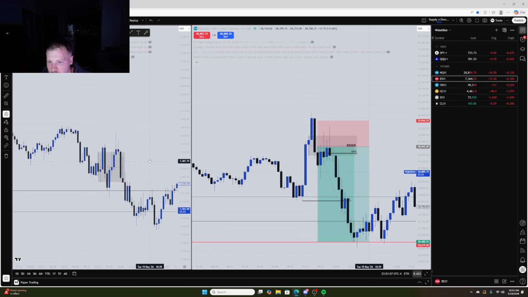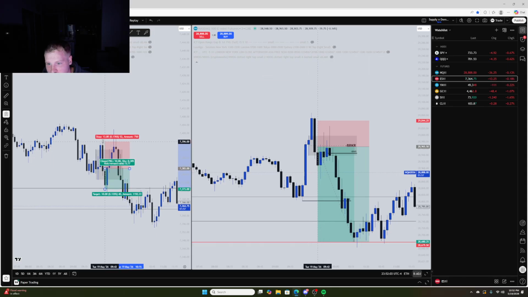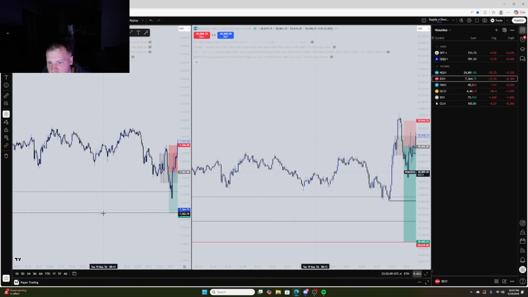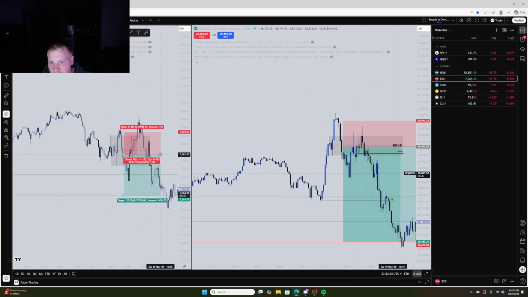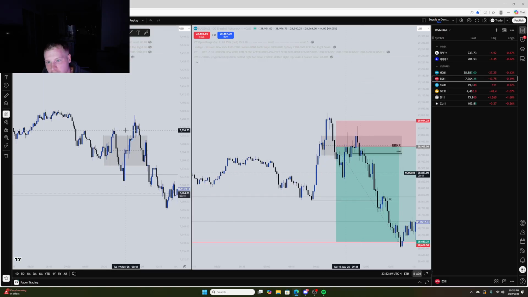So, closure below, finding your fair value gap within here, stop above here. Pretty much something like this. Kind of find the exact entry here. It was pretty much like this, about a 1.82 RR. Unfortunately, ended up getting stopped out.